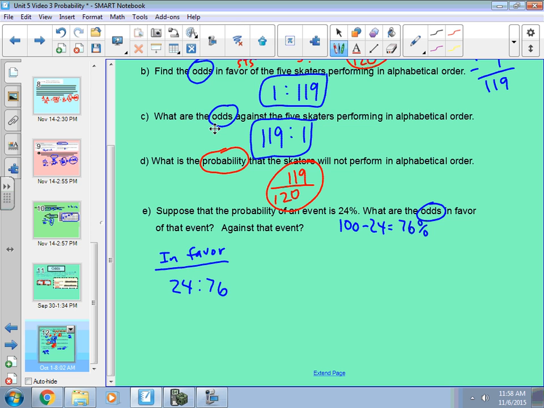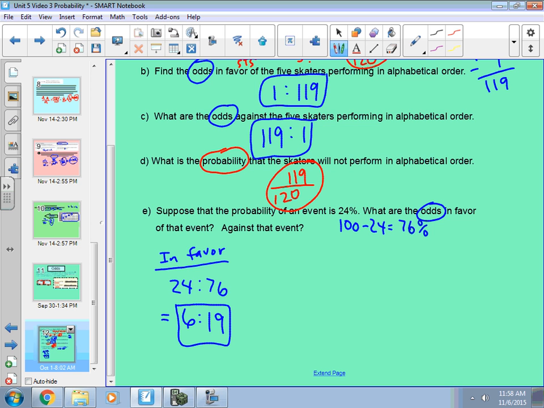Now, generally, if it's a question on the ACT, that probably wouldn't be one of your options. You want to reduce this. 4 is a number that goes into both of these. 4 goes into 24 6 times, and it goes into 76 19 times. So that would be the odds in favor.